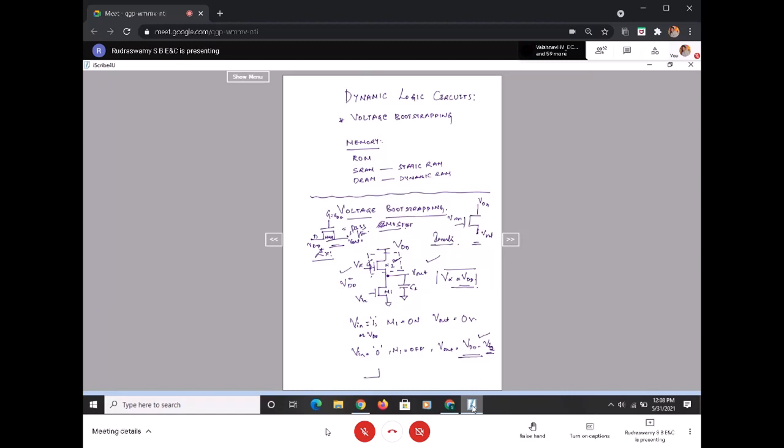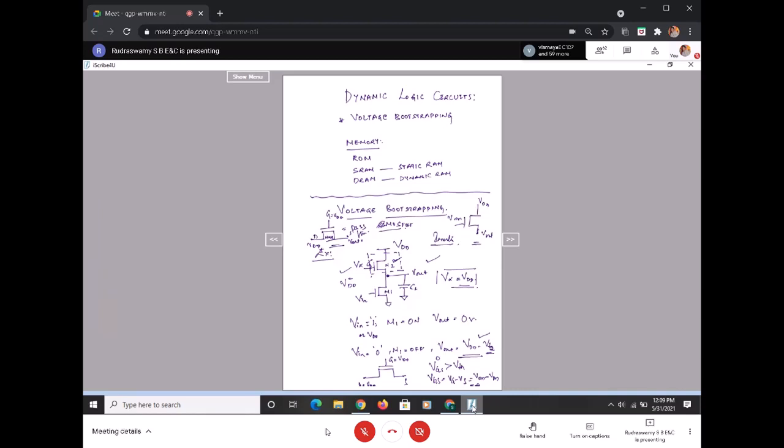We had already seen what a pass transistor is. Gate is at VDD, drain is at VDD, the source is nothing but what? I have to ensure that VGS is greater than the threshold. VGS is VG minus VS. VG is at VDD. Suppose I keep my source also at VDD, my VGS difference is 0. 0 cannot be greater than VTH.